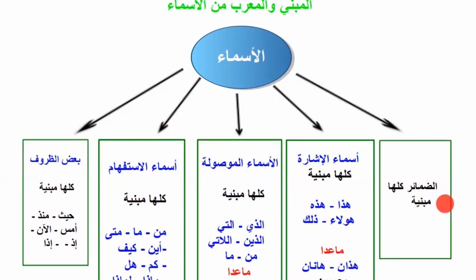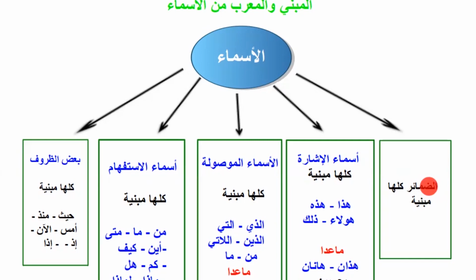Ad-damair kulluha mabniyatun. Damair, you can remember that the pronouns anta, anti, huwa, hiya, antum, ana, all those pronouns, they are what? They are mabni. They don't change. You never say ani, anu. No. It will always be spelled ana.